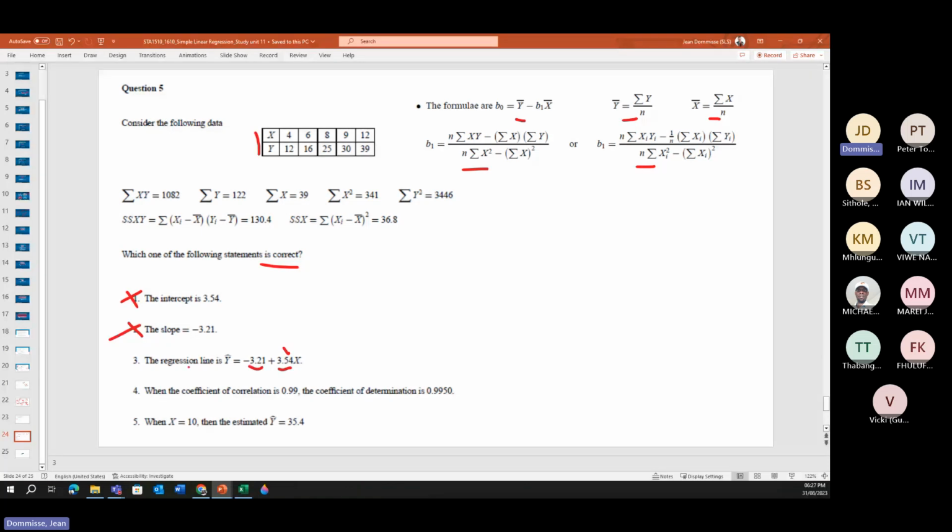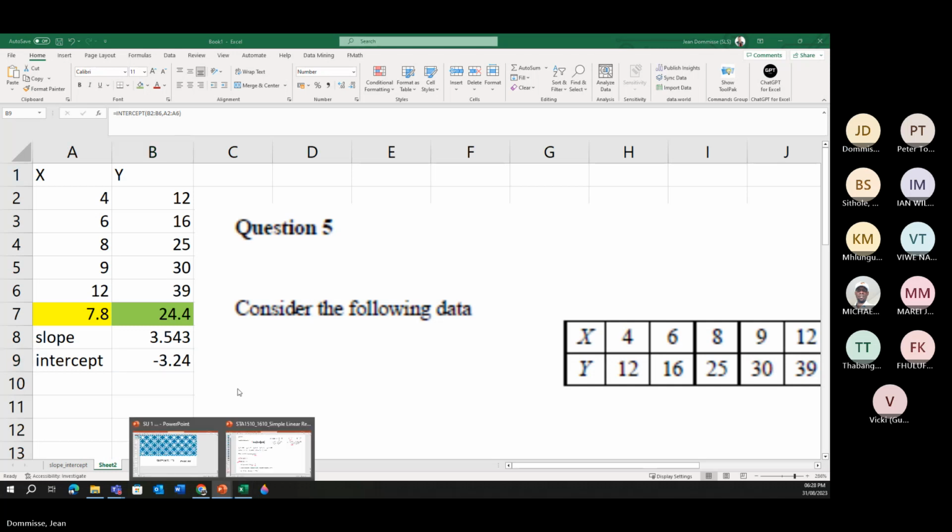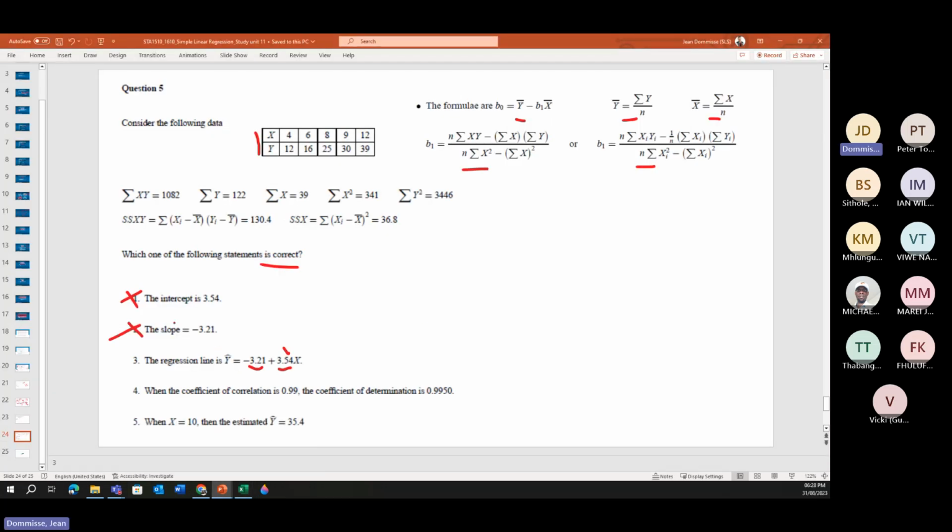Okay, so that's a bit off. Let's just check my numbers again if it was right. 4, 6, 8, 9, 12, 12, 16, 25, 30. Okay, so close to that. So if you probably used these numbers on top, you would have gotten to exactly the same. But that is the right answer.